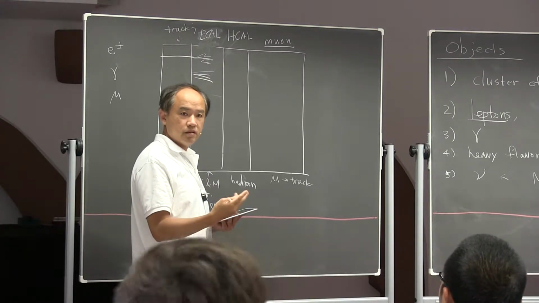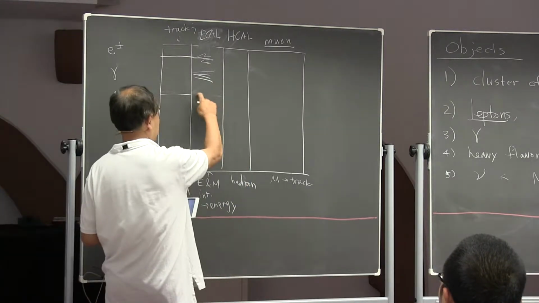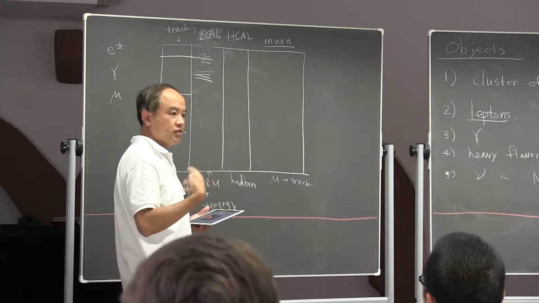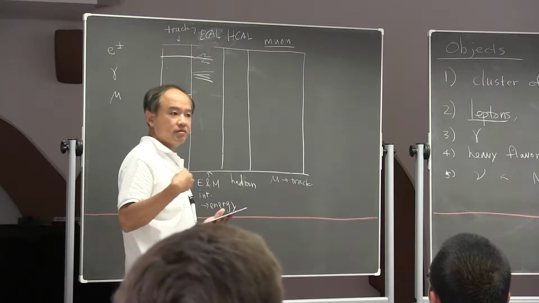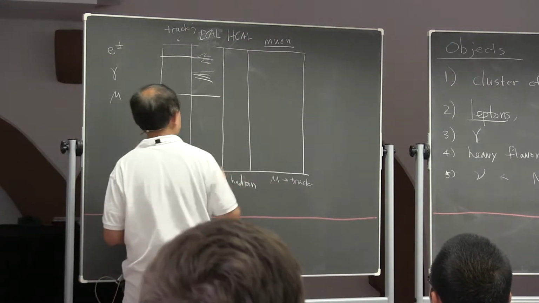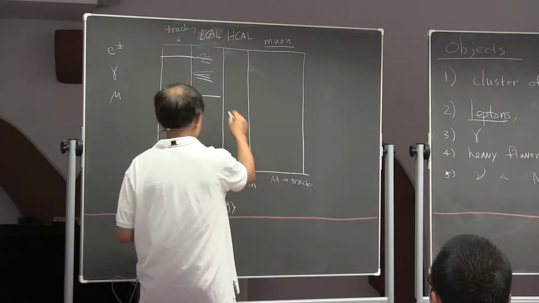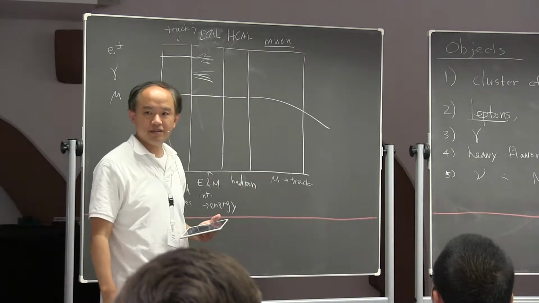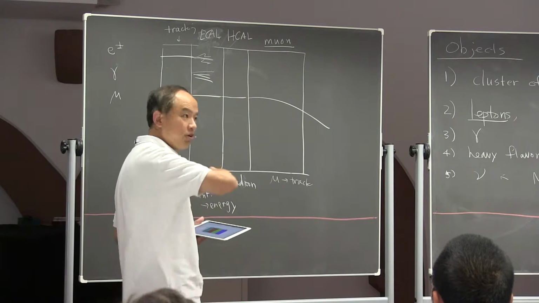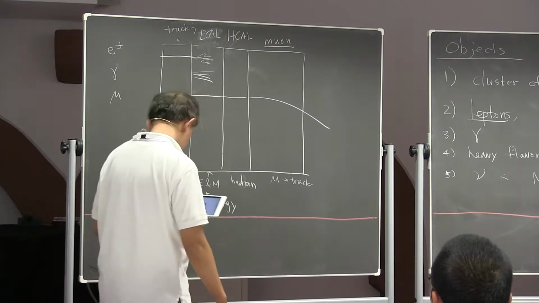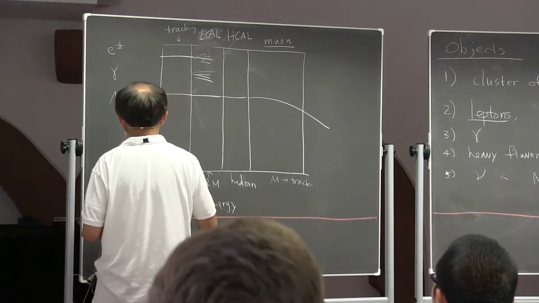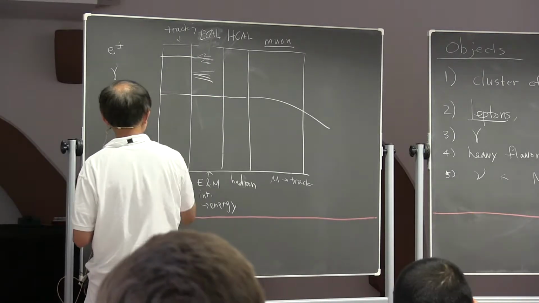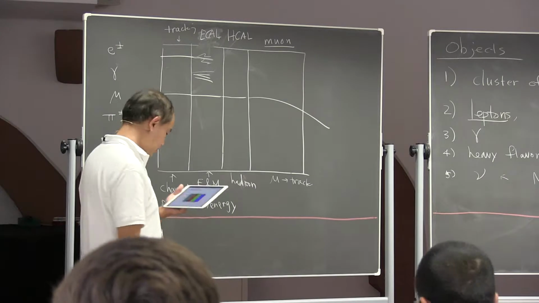Basically they deposit energy because of Bremsstrahlung, but Bremsstrahlung is suppressed by a fairly large power of mass. So the muon doesn't quite deposit energy here, and it actually bends here. So the muon goes all the way through.